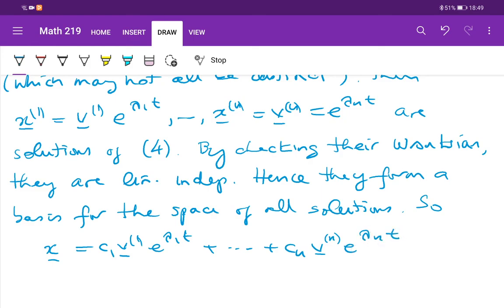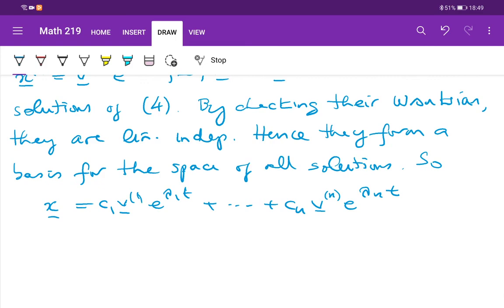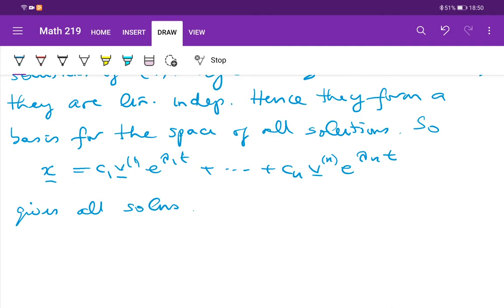This gives all solutions. So every solution is given like this. Okay, so the question is, does every n by n matrix have n linearly independent eigenvectors? And the answer is no.